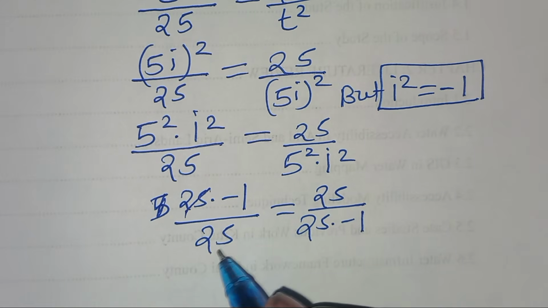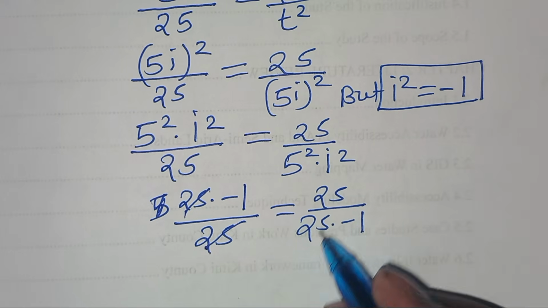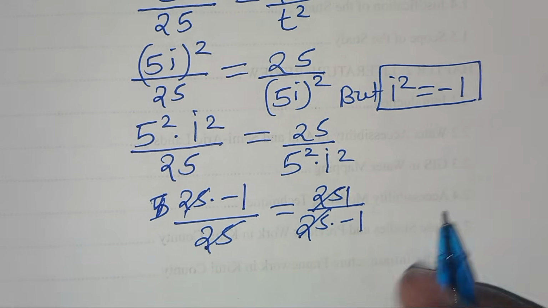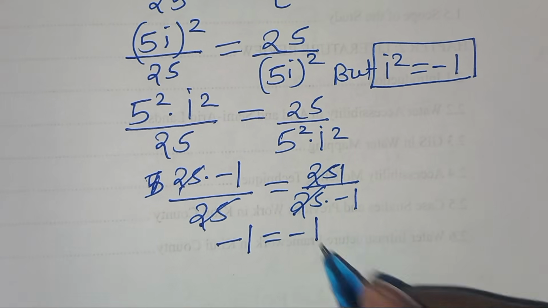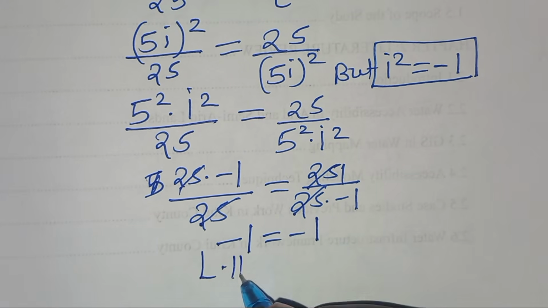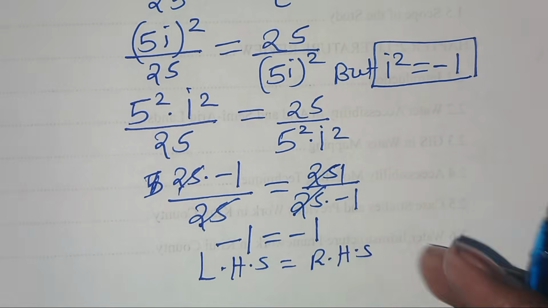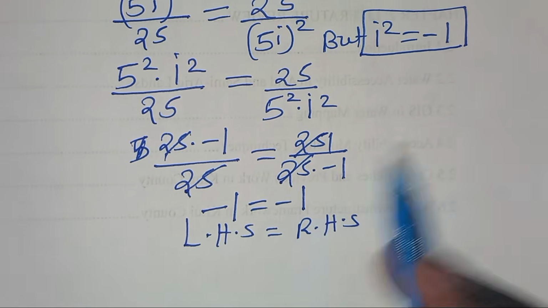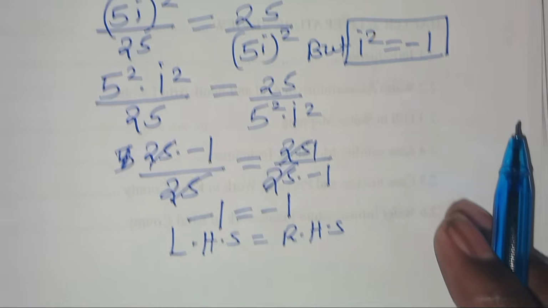So 25 and 25 simplify, and we have minus 1 is equal to minus 1. So the left hand side is equal to the right hand side, and this proves that T1 satisfies the equation.